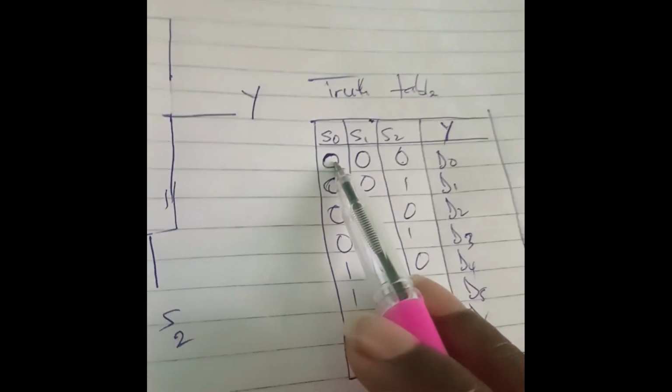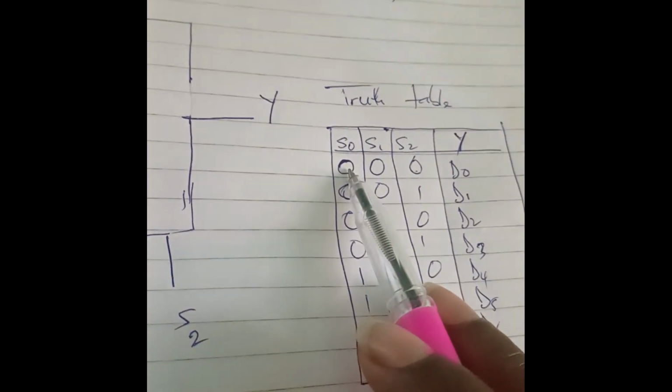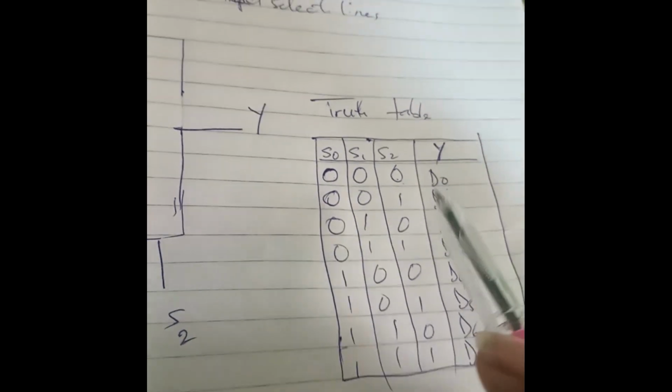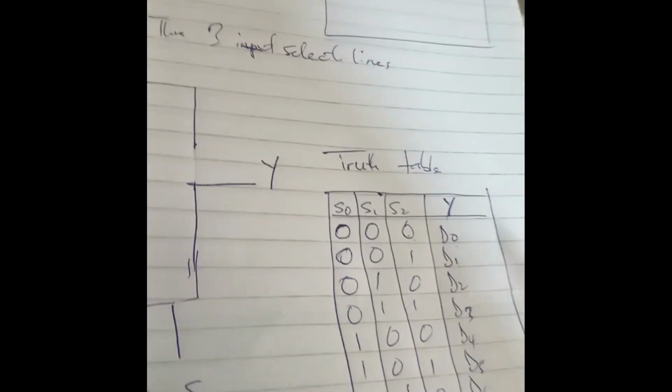Now, how can I get 0 0? If I have three selection lines here, and this one is 0, the binary value here is 0 0 0. Now how did I get the one here? If I want to get one for the input here, that's what I'm going to do.